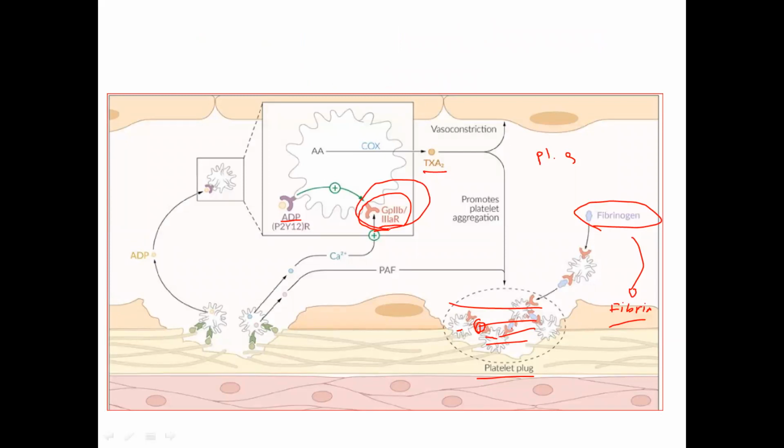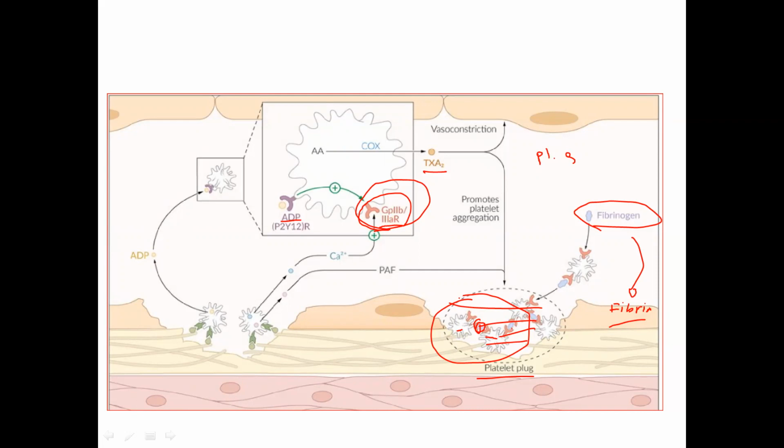For example, the antigen may be GP2B3A. If the spleen produces antibody against the GP2B3A receptor, it will destroy this receptor, and if it is destroyed there is no platelet aggregation. As we discussed before, for platelet aggregation we need the GP2B3A receptor.